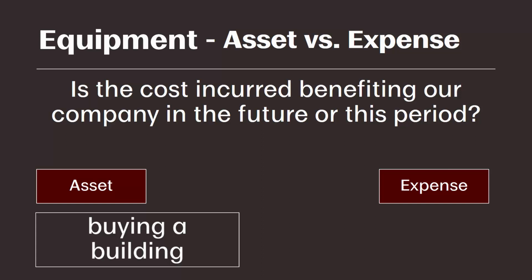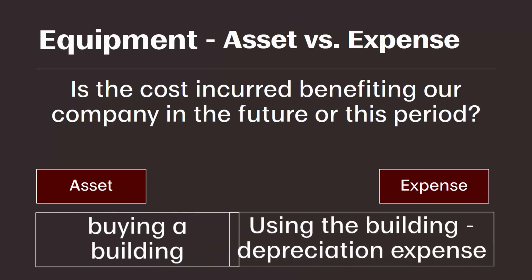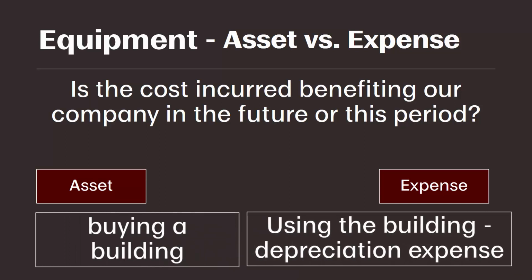So with a building, we're going to expense a small portion of that building every month. We call that expense depreciation expense. When we record depreciation expense, we reduce the asset account and increase expenses. Increasing expenses decreases net income.